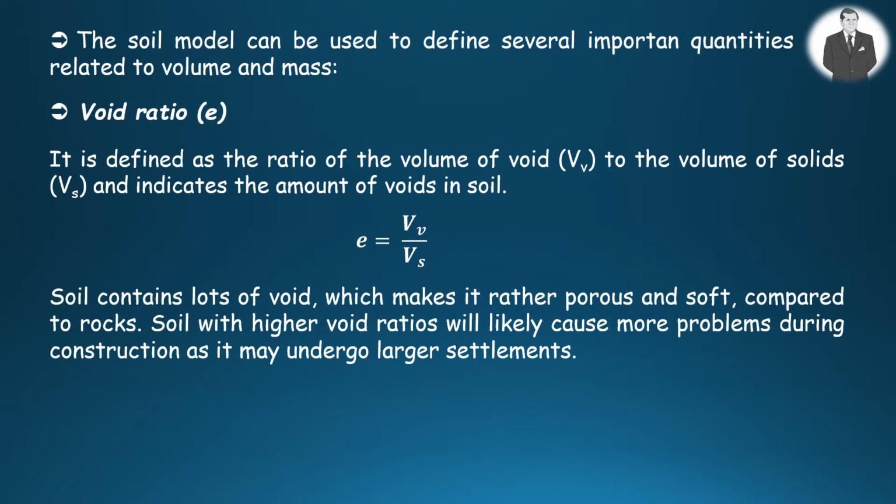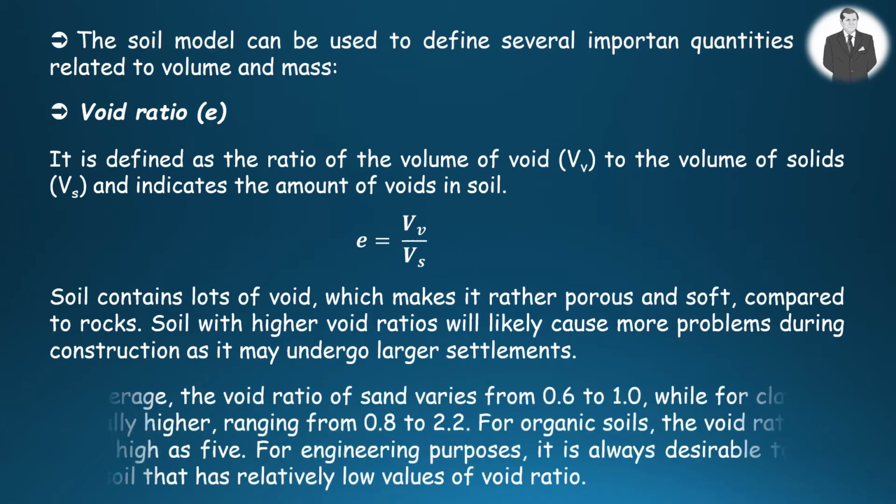Soil consists of lots of void, which makes it rather porous and soft in regards to rocks. Soil with higher void ratios will probably give rise to more problems during construction as it may experience larger settlements.